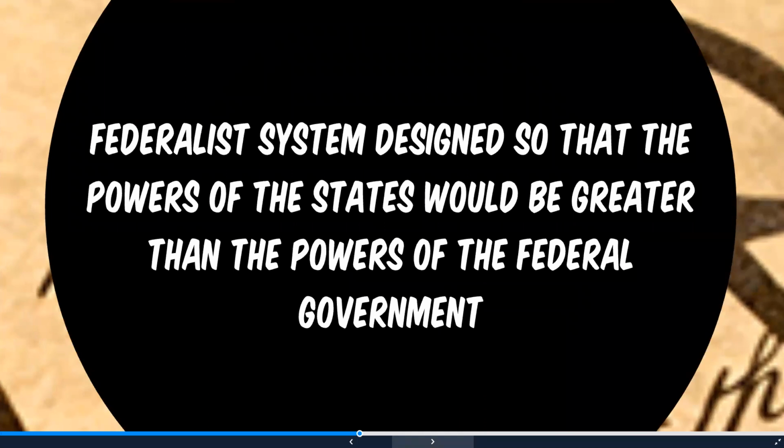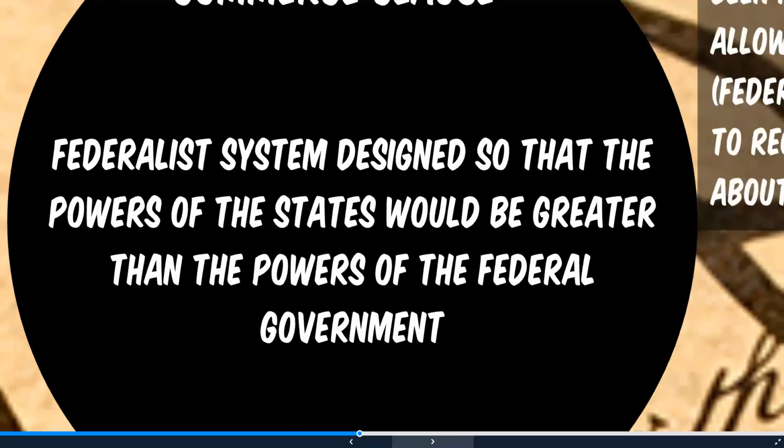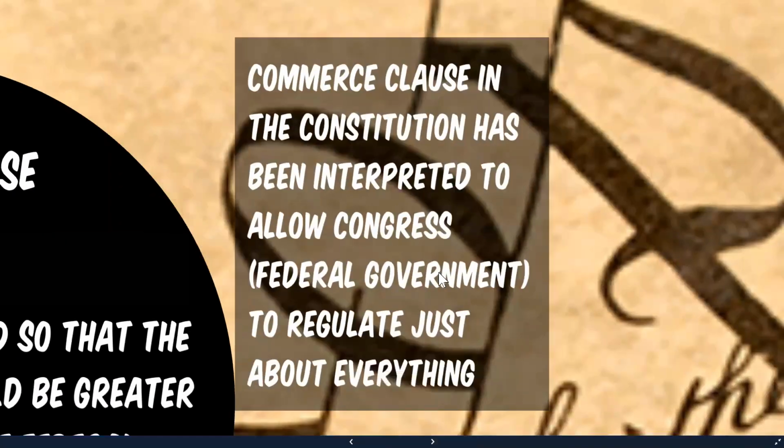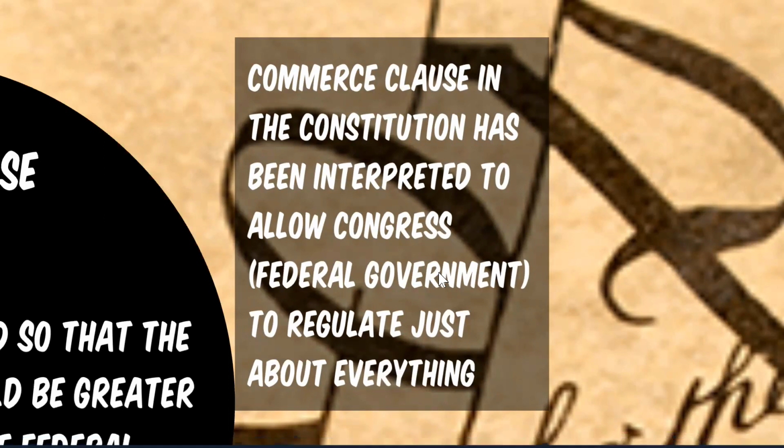So this is a federalist system designed so that the states would have greater power than the federal government. The Commerce Clause that's in the Constitution has been interpreted to allow Congress, the federal government, to regulate just about everything.